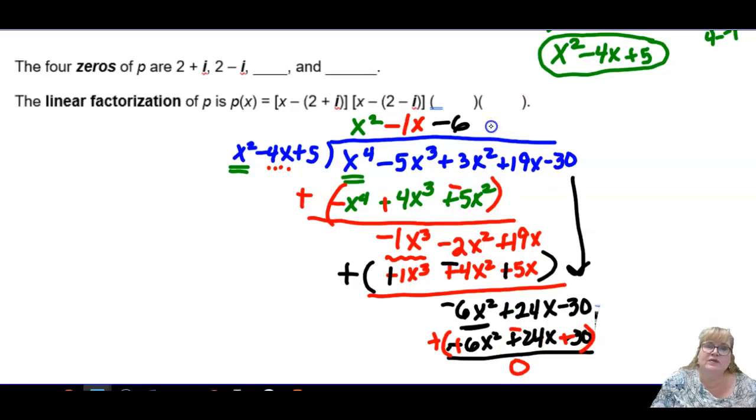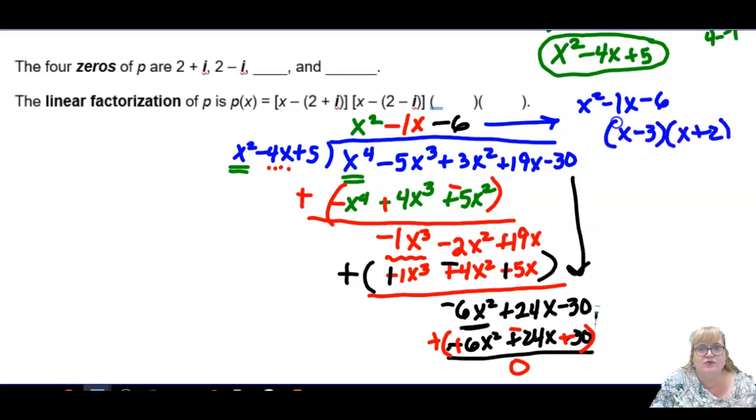All right, so this is what I'm left with. I am left with x squared minus 1x minus 6. Well, that factors x minus 3 and x plus 2 to give me a negative 6 at the back and negative 1 in the middle.